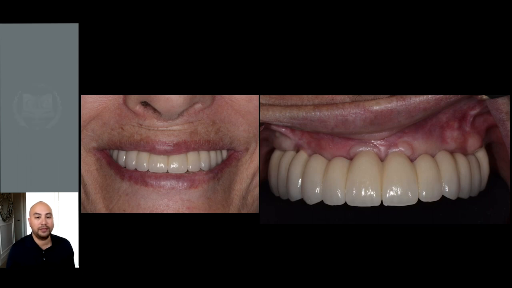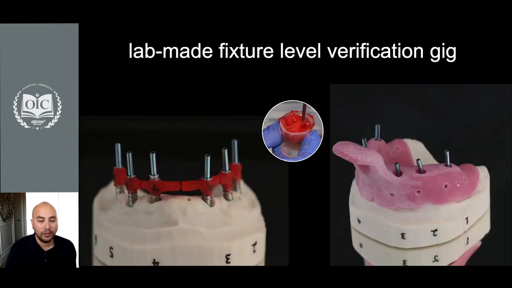The problem in this case is that it would require several visits, and also could be risky in terms of passive fit. Another way is to have a jig made by the dental lab, and then we can stabilize it in the patient's mouth.